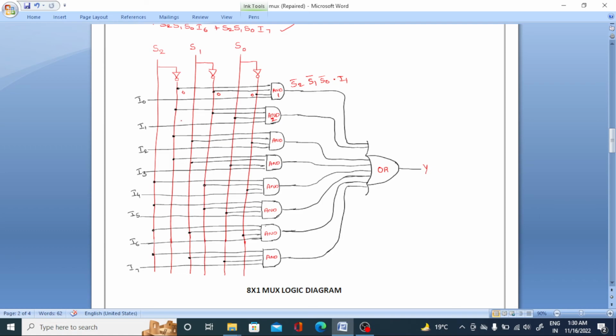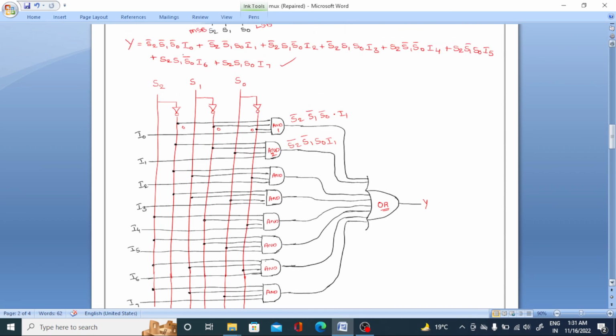The second AND gate output is connected to S2 bar, S1 bar, S0, and into I1. So this will be passed to the OR gate. It is OR, that means addition. That's why our equation contains a plus symbol, like this.